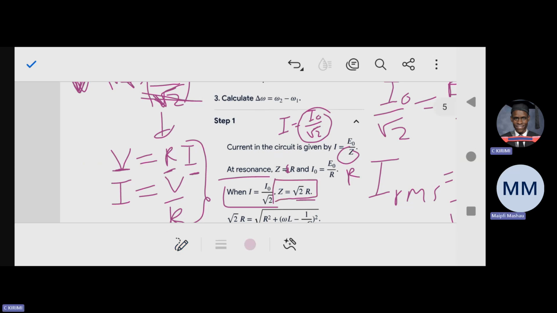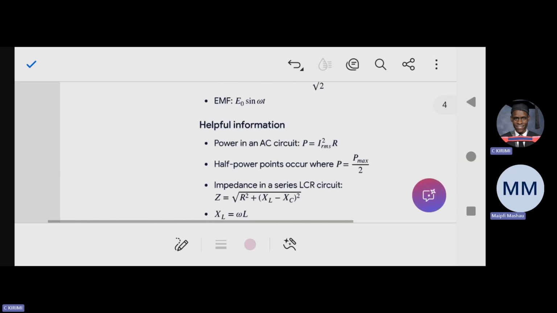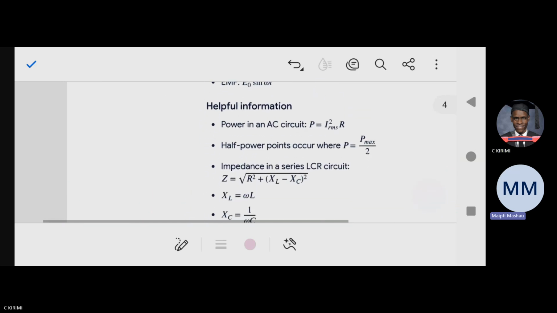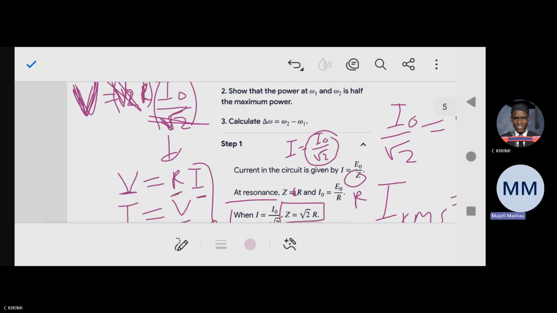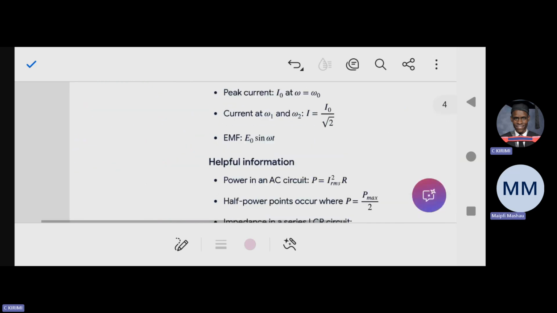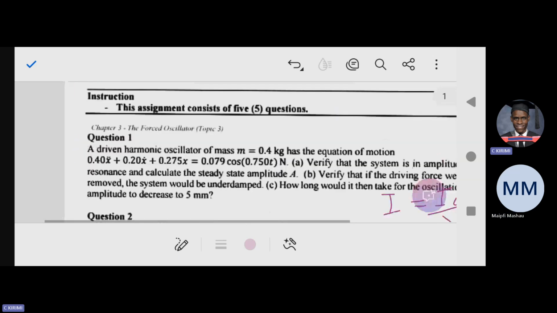So what we are going to have after we have divided is I naught equal to the EMF over Z. That is the starting point, isn't it? Okay, I was just surprised where the I naught was coming from. It's from the given information.